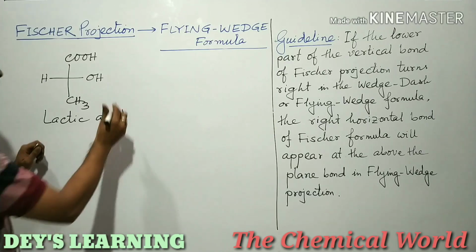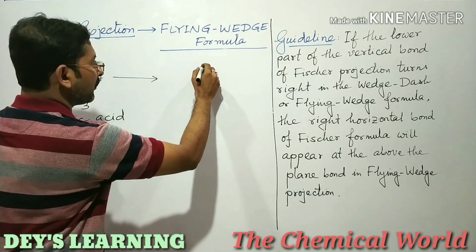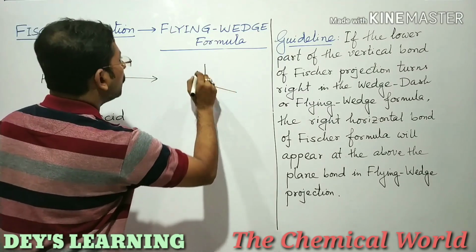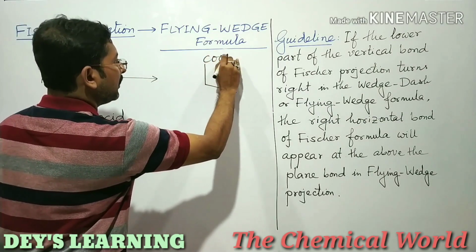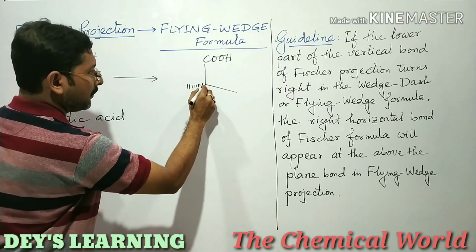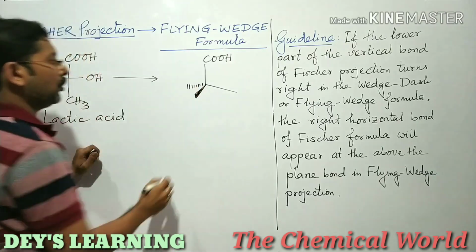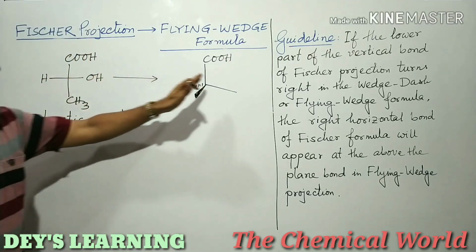If we intend to convert this molecule into this formula, which is Flying-Wedge formula, now what will happen? How can we convert this molecule to this one?